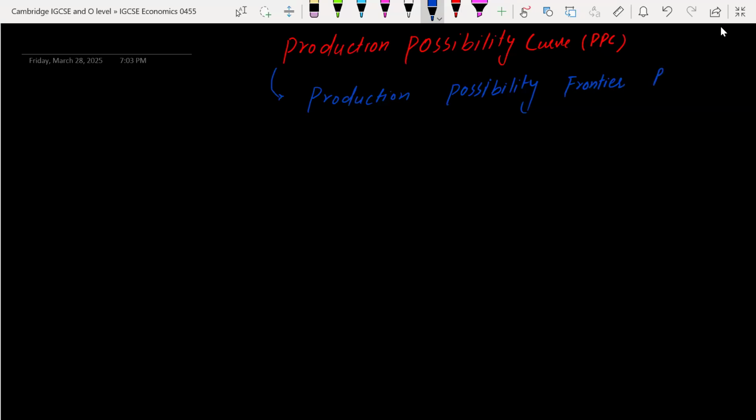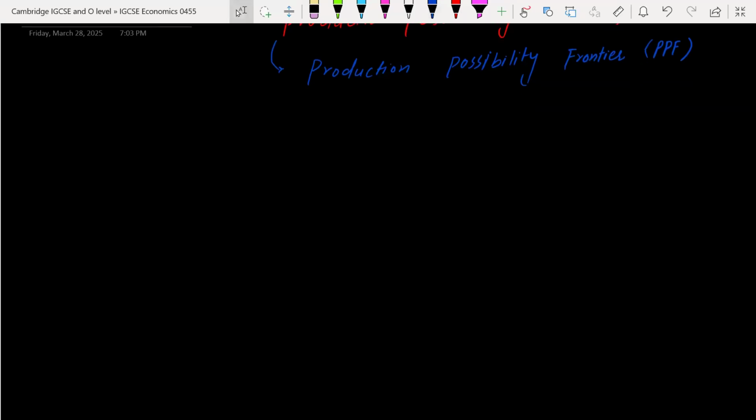Means PPF. First of all, I will write down the definition, then I will code the example with the help of a table, then it will be easy for you. Just three things you should keep in mind in this.